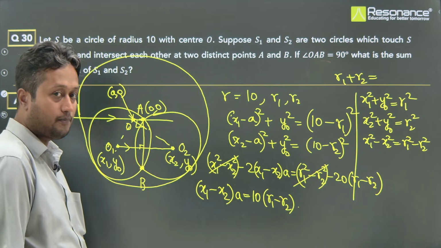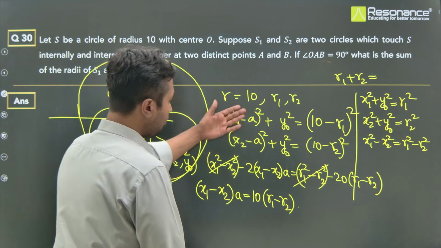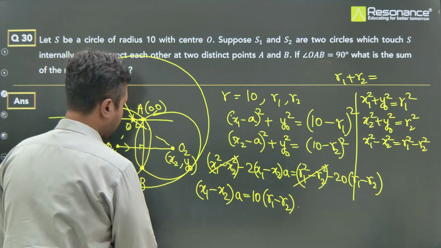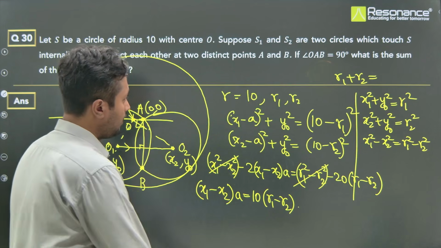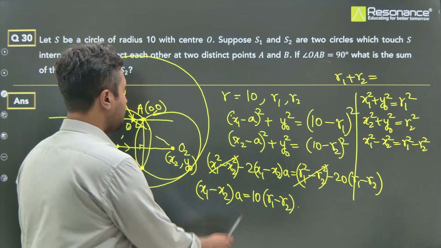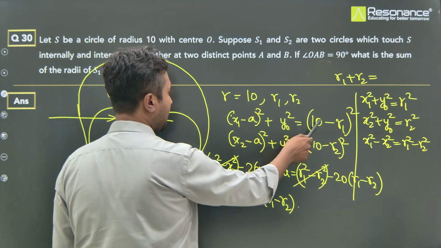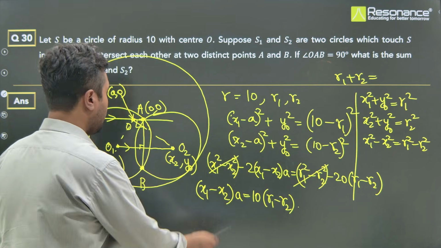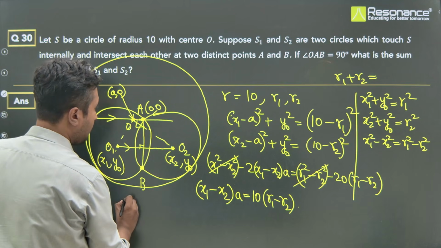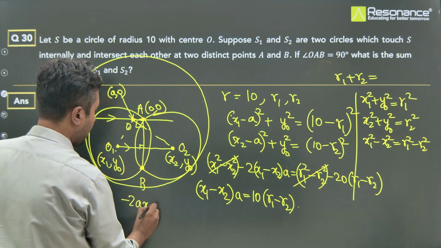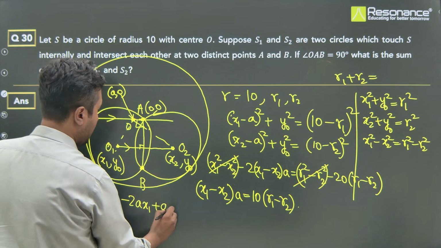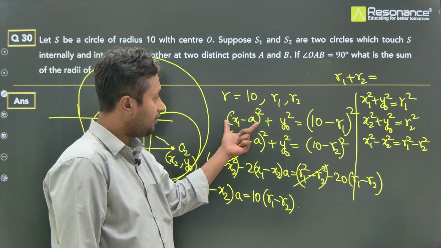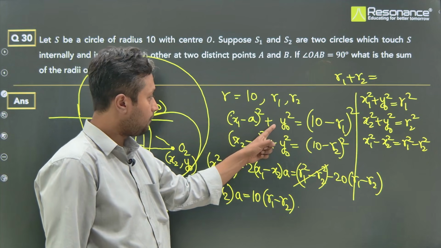That's the first equation. And then you can add these two things up and see what we get. By the way, the x1 square plus y0 square, I can cancel that with r1 square because of that equation. So over here I'll just write it as minus 2a x1 plus a square, plus y0 square.